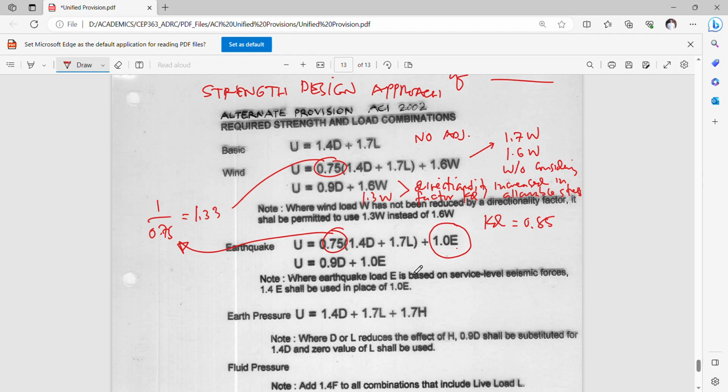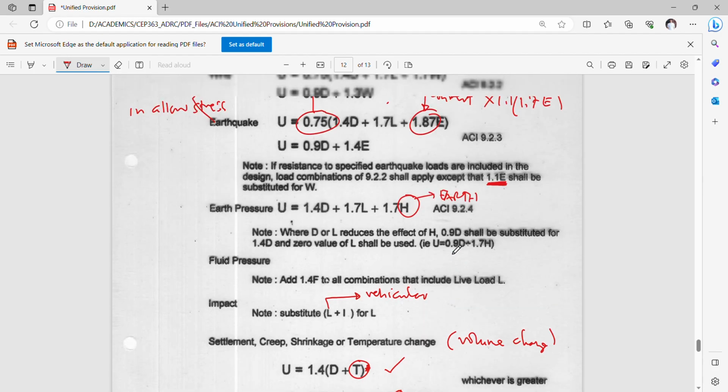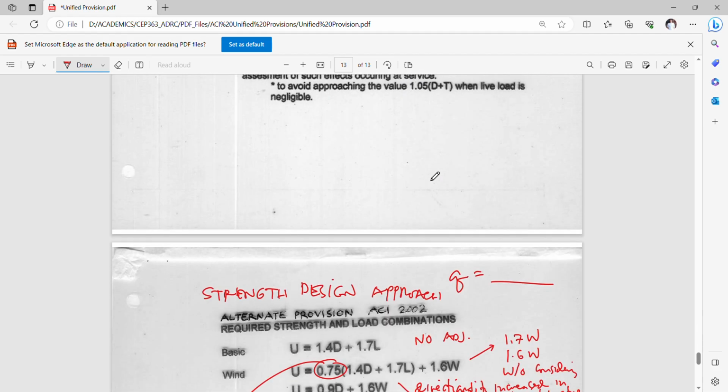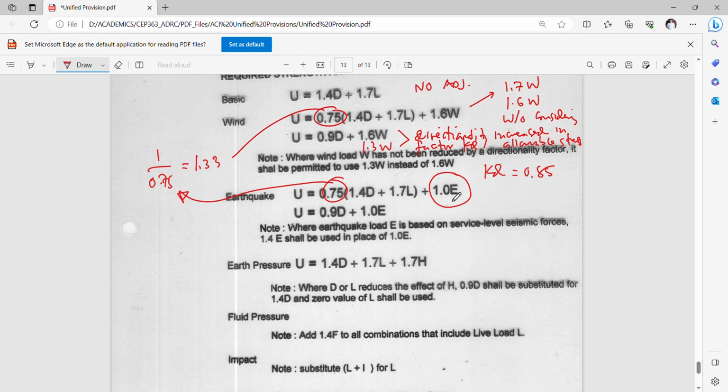But take a look, your earthquake here, which is 1.87, was now reduced drastically to 1.0E, but it is again stated here that based on this, your earthquake load must be at the service level seismic forces.